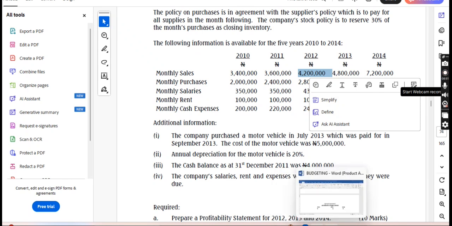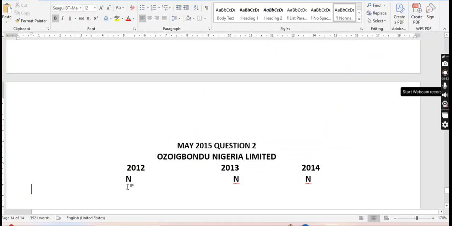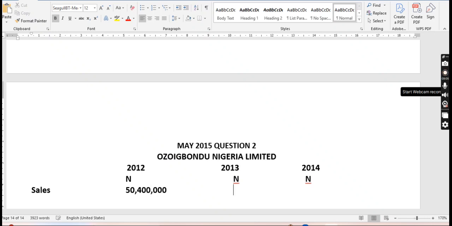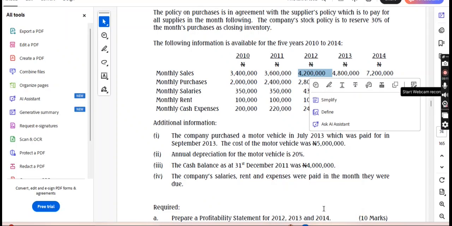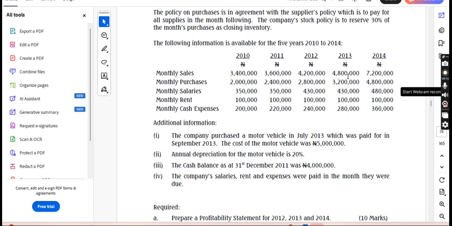400,000. Okay, sales 400,000. Next, multiply by 12. What do you have? If you don't know, you just go and use monthly. Multiply this one by 12.